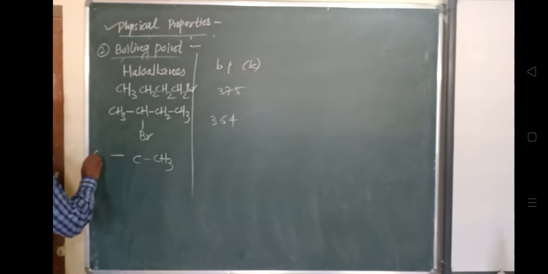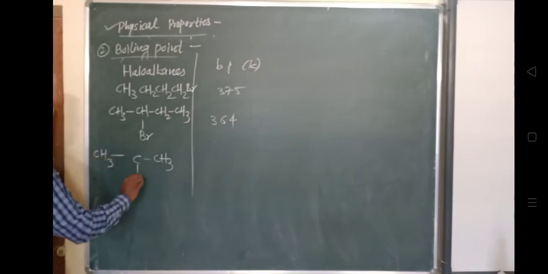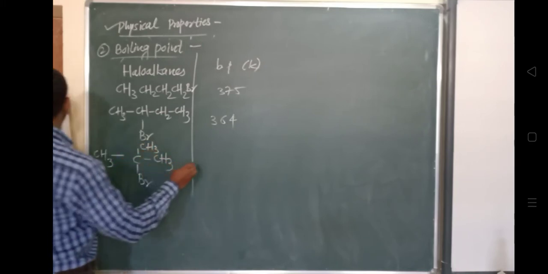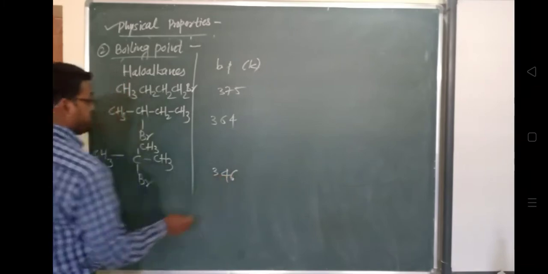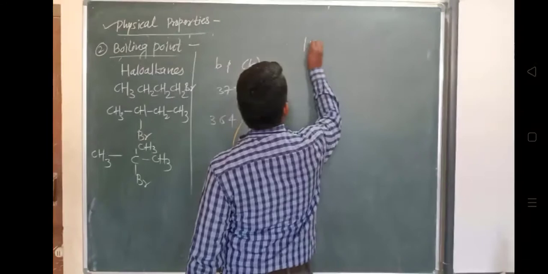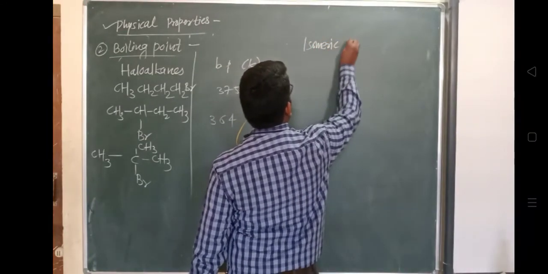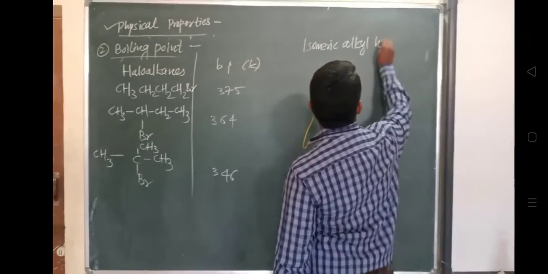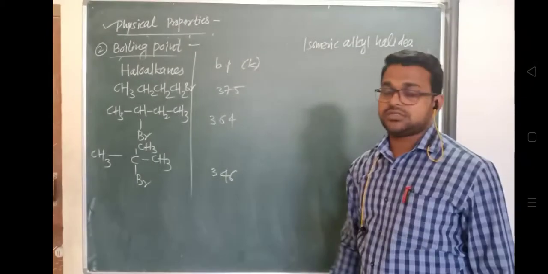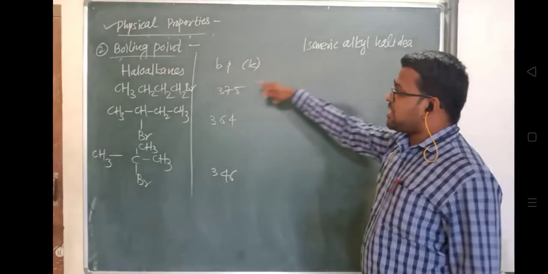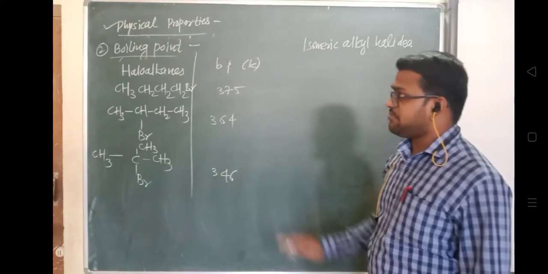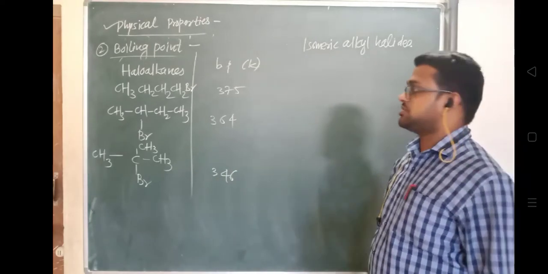Isomers, we have already studied: different structures, same formula. These are all isomers of the alkyl halide of bromine. The formula is the same, but the structure is different, as you can see.